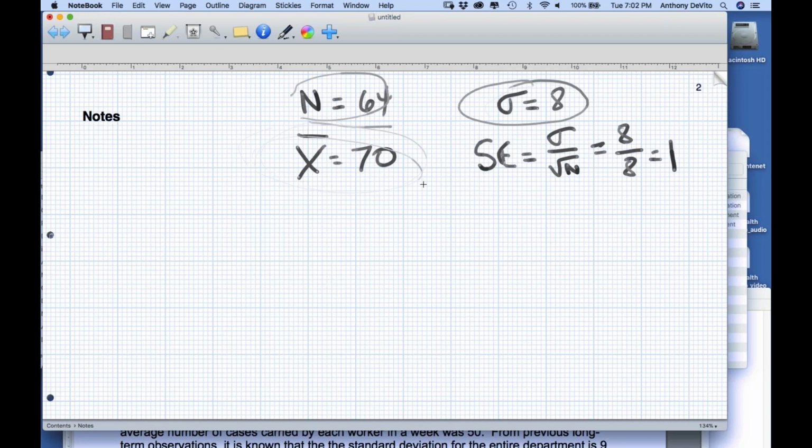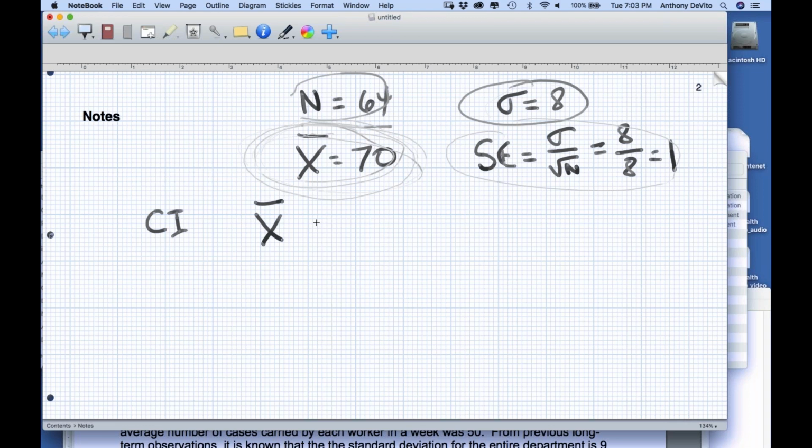So I can say that X bar approximates the population mean, but I'm going to use what I know about the standard error to help me understand how precisely I know this. What I'm going to do is a confidence interval. The confidence interval is equal to my point estimate, which is X bar, just the middle. If it were a proportion, I would call the proportion my point estimate.